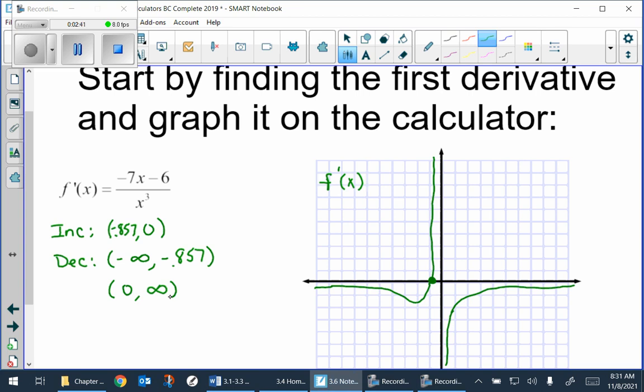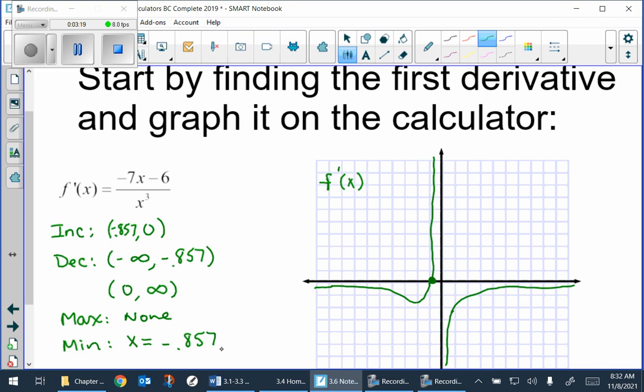Okay. Do we have a maximum anywhere? And how would we know? We're going to have a maximum where? None. Do we have a minimum? The minimum occurs at x equals what? -0.857. Now, that's fine for right now, depending on how the question is asked.